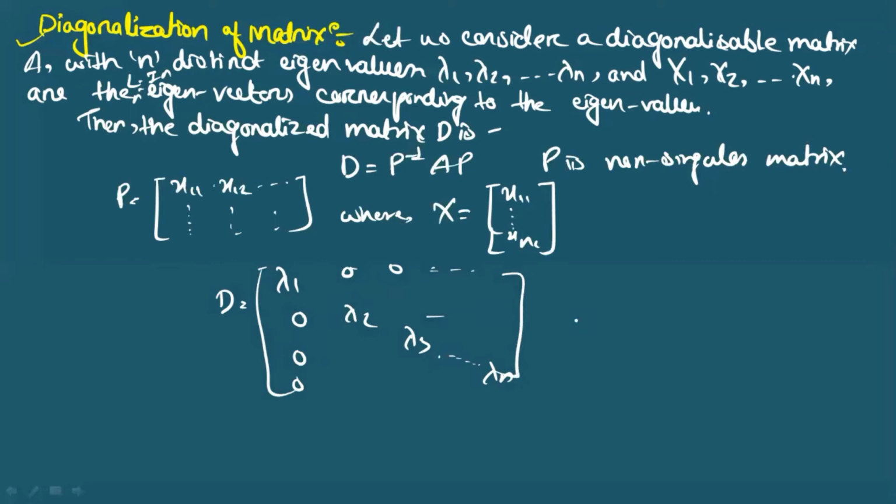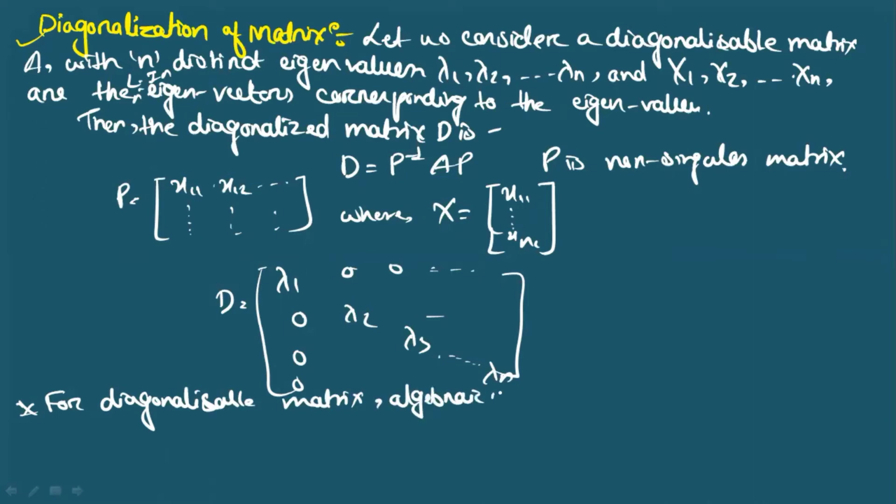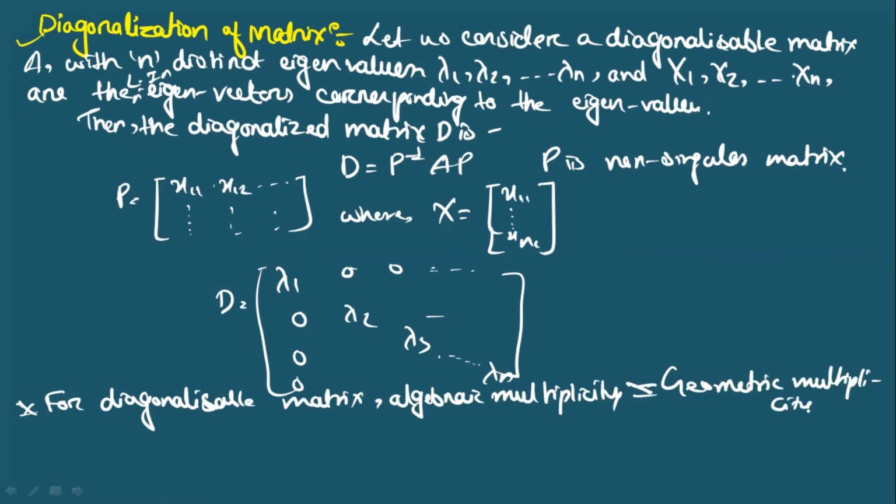Now for a diagonalizable matrix, you have to remember this note: for a diagonalizable matrix, algebraic multiplicity is equal to geometric multiplicity.